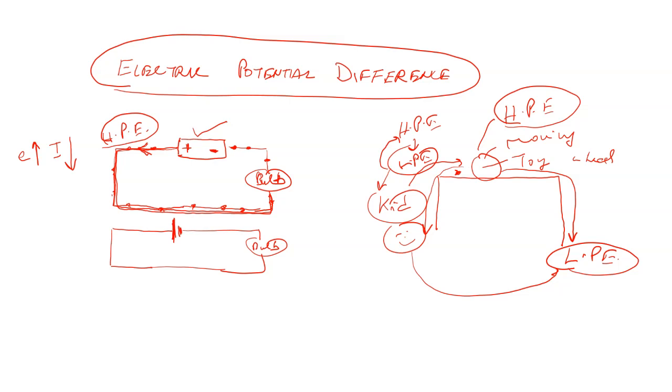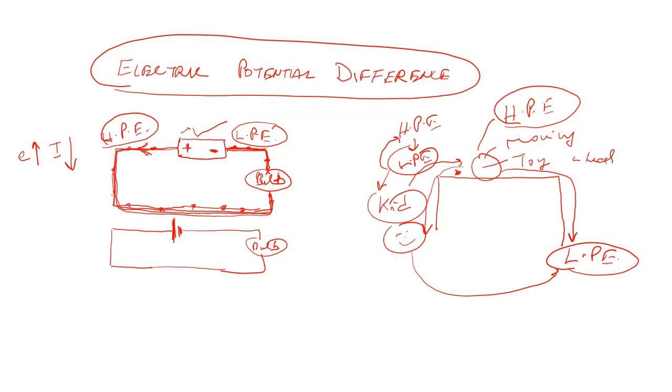And then this line will have low potential energy, because the high potential energy is transferring from here to here, and it transferred all its energy to the bulb, and here it is a low potential energy wire. So this is high potential energy, positive side, and low potential energy, negative side.